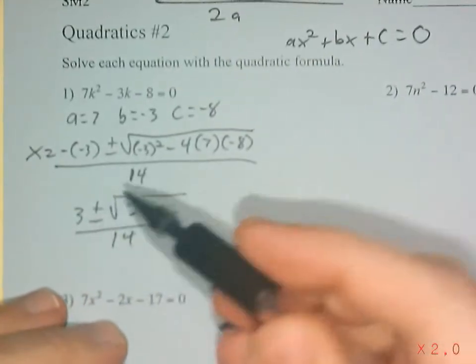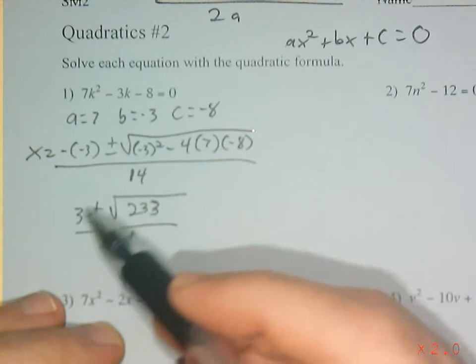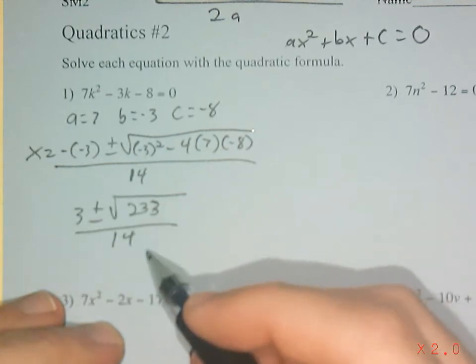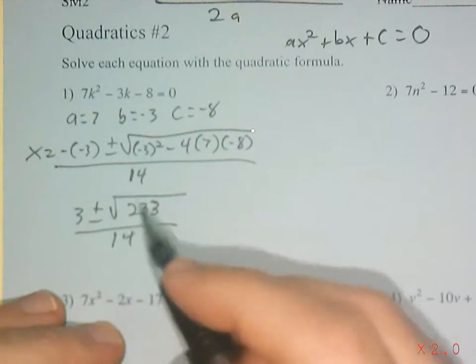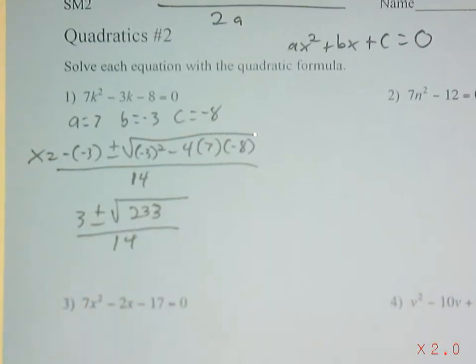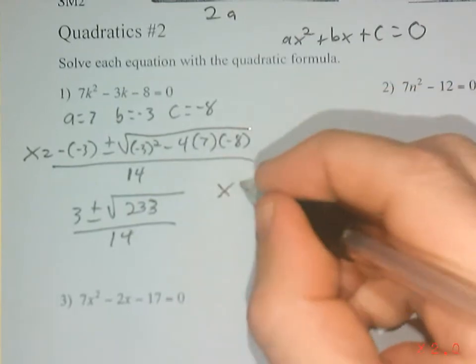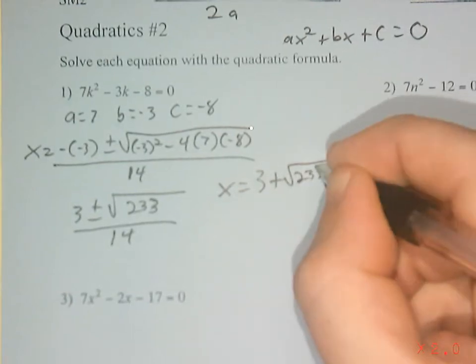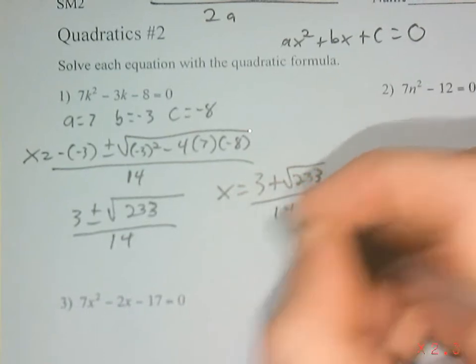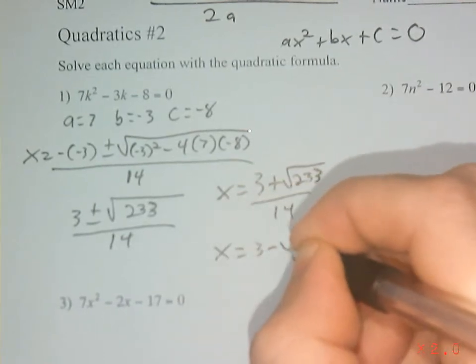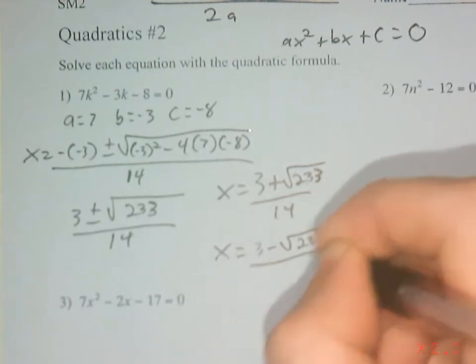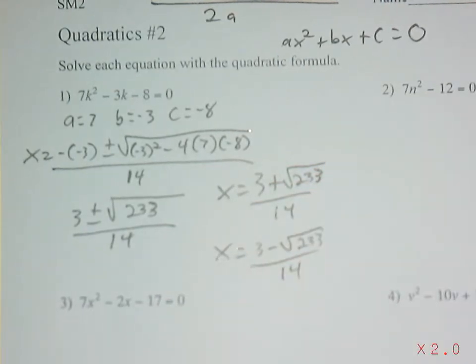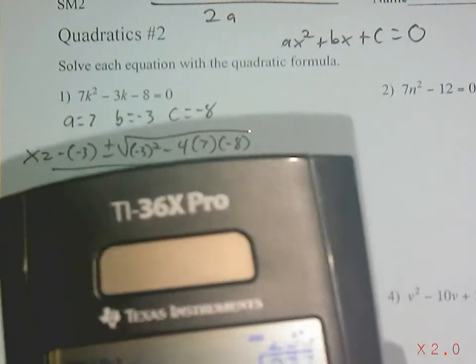So what this is telling me is that x could either equal 3 plus the square root of 233 all over 14, or it could equal 3 minus the square root of 233 all over 14. There's nothing else I can do to break that down, so I just have to write both of those as my answers. Now obviously if I wanted to convert this to a decimal, I could get an approximate answer, right?